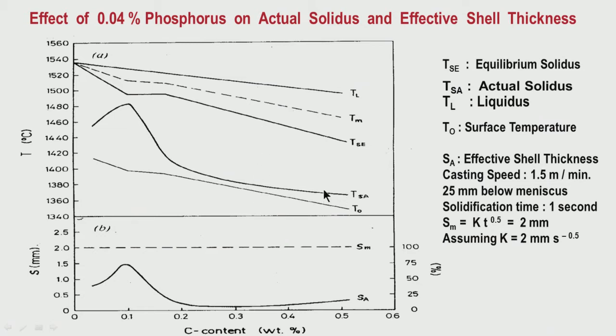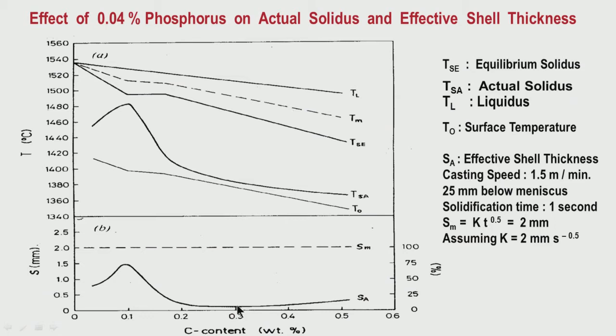And number two, what is its impact on the relative depth of solid shell and mushy zone during solidification? That is again important. I have told you 2 millimeter is the equilibrium solid shell thickness, but in reality look at the figures. At 0.1, when segregation is minimum, the solid shell is quite thick, about 1.5 millimeter. So, it is not much less than the theoretical value, but look at carbon concentrations of 0.25, 0.3.